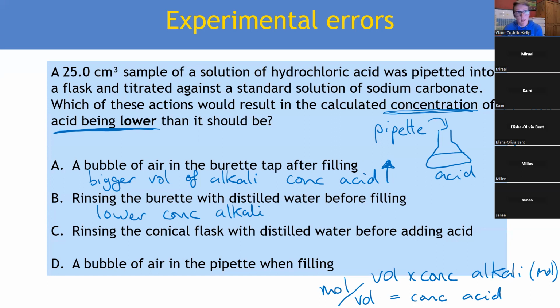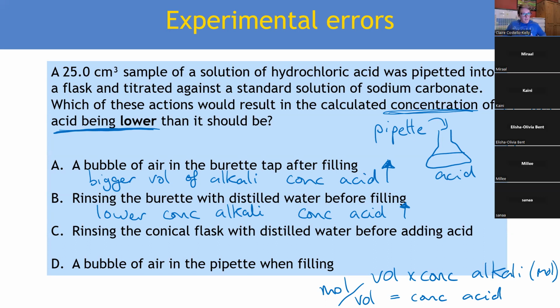So I calculated the concentration outside the burette, but then I put it in something with water in and it's changed the concentration. So again, that's going to make my acid look like it's more, because my alkali is less concentrated than I thought it was, which means that I'm going to need more of it. And it's going to look like I have more moles of acid because I don't realize that the concentration of the alkali has changed.